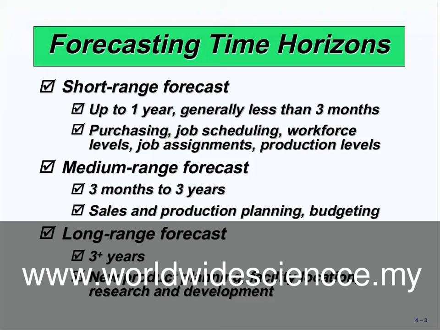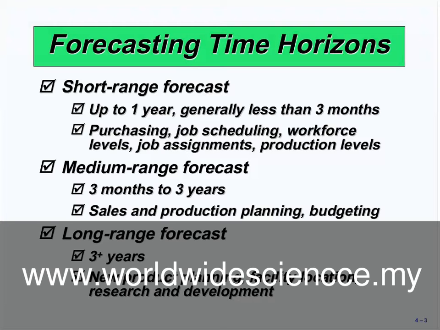For the medium-range forecast, the operation manager forecasts 3 months to 3 years later. Sales and production planning and budgeting are activities that operation managers can forecast with the medium-range forecast. The long-range forecast is more than 3 years. New product planning, facility location, and research and development are activities that can be put in long-range forecast.